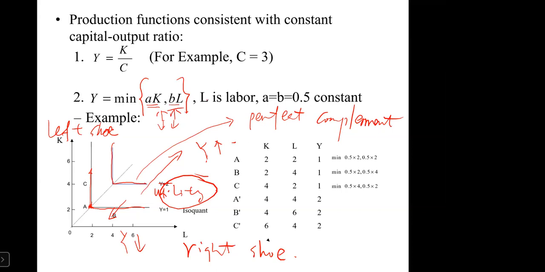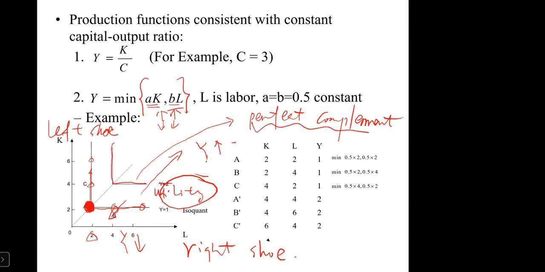If you have, here, 2 right-hand side shoes, whether you have 4 or 6 left-hand side shoes, it doesn't help. What you need is 2 left-hand side shoes. On the other hand, if you have 2 left-hand side shoes, whether you have 4 or 6 right-hand shoes, it doesn't help. Okay, so you're going to have the same utility as 2.